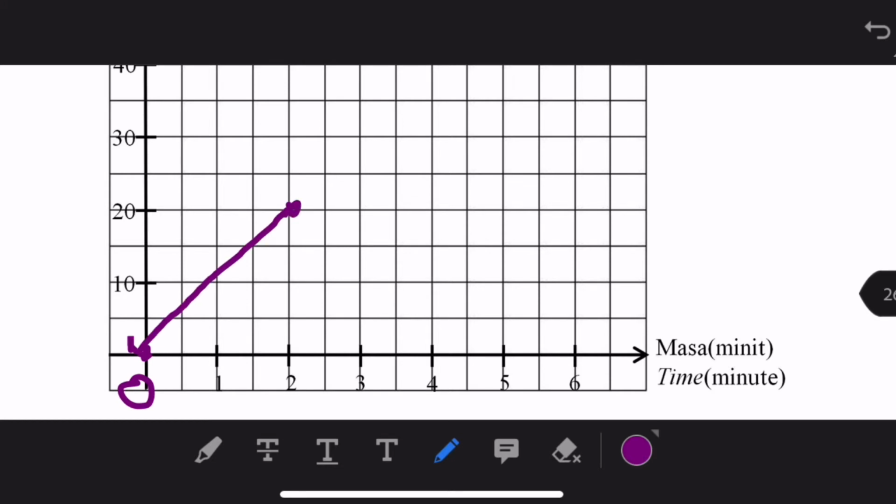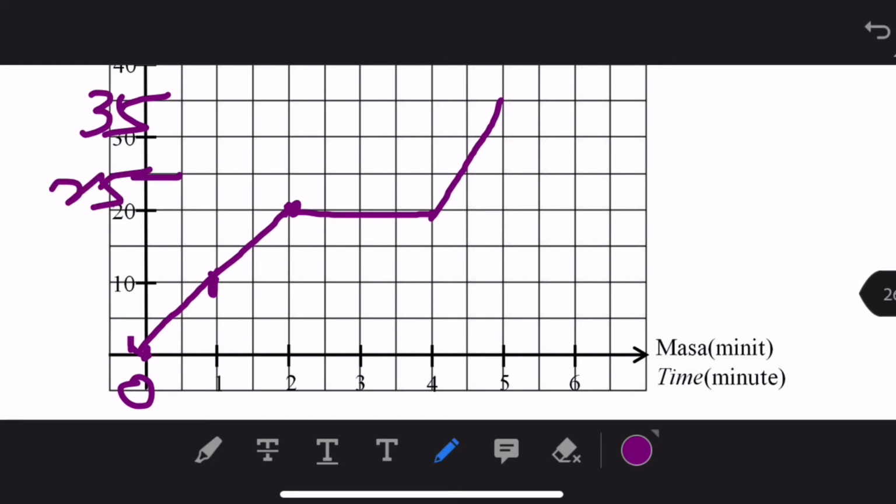So we have a straight line like this. Then at 1 it will be 10, and then the distance is unchanged until the 4th, and then it will go up to 35, before it comes down to 25.